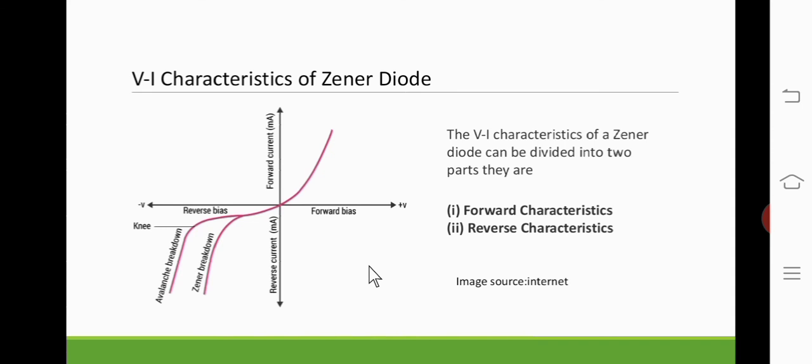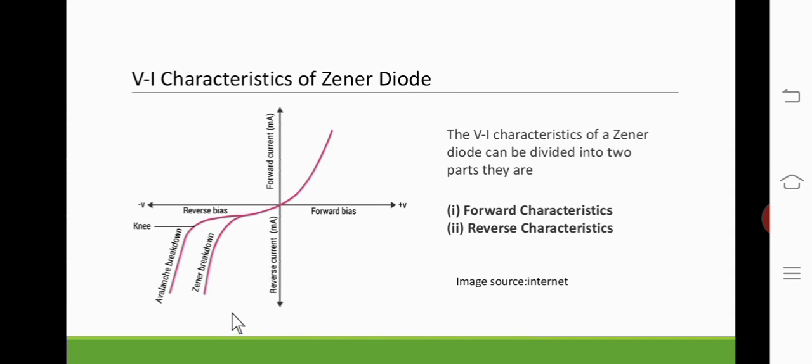If it is a simple diode, the junction is going to be destroyed. But here the reverse current is very sharp, and it is controlled by the external resistance connected in series with the junction.